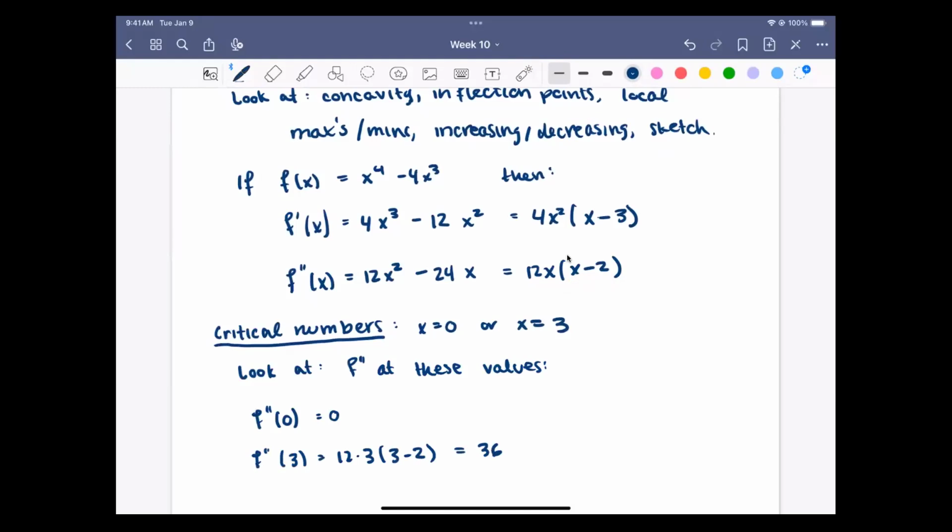Okay, so what does the second derivative test tell us about the concavity based on this calculation? I'll maybe start with this one. At 3, we get that f double prime of 3 is a positive number. So what's the concavity of the function there? Concave up, yeah. And then what about here?